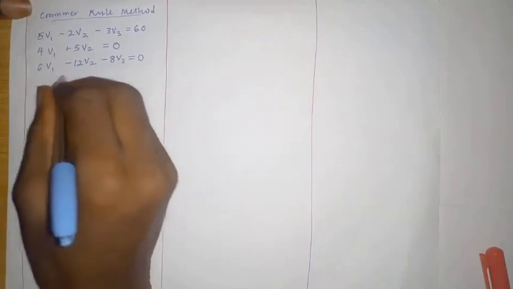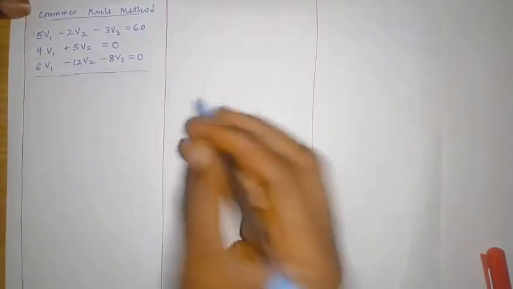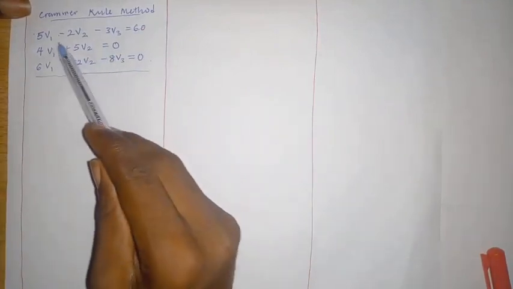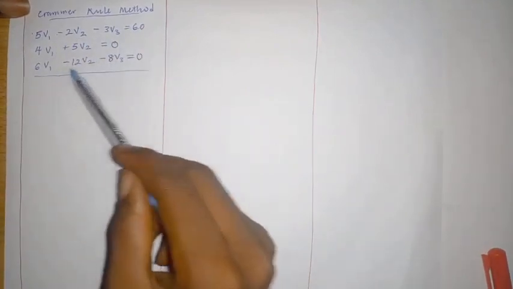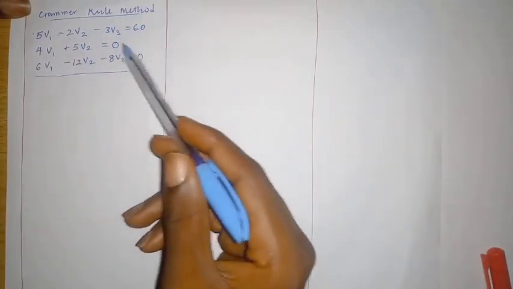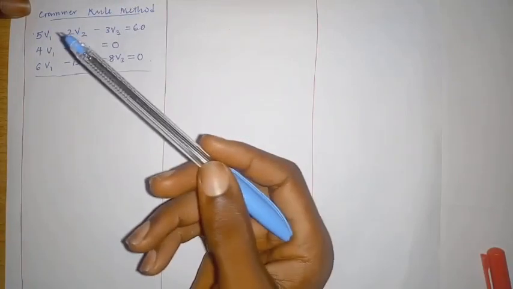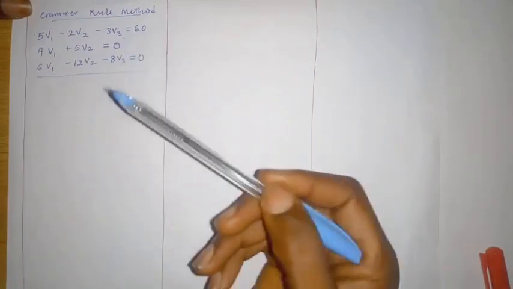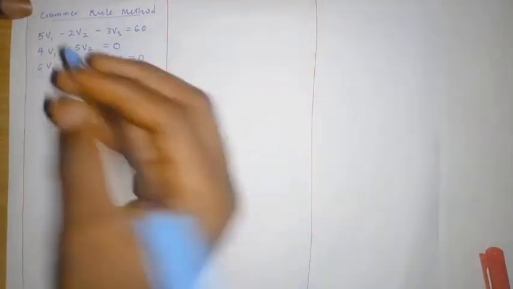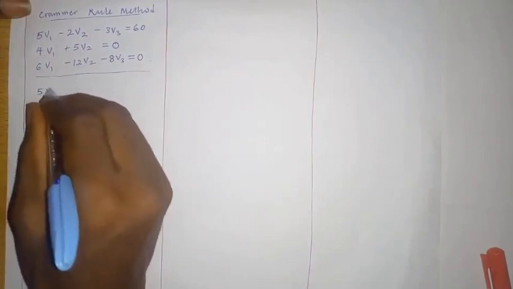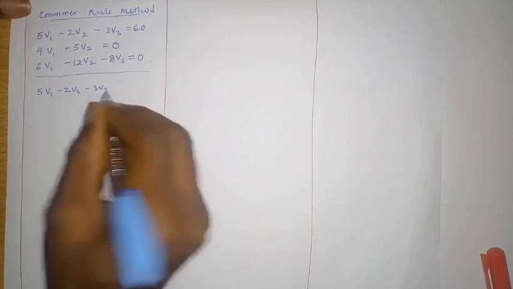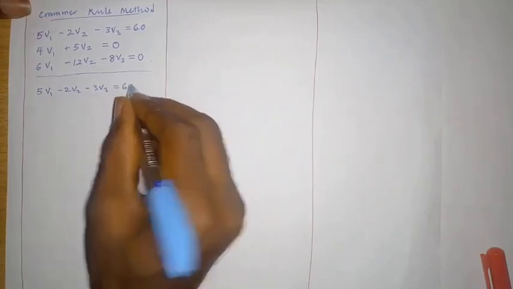Let's rewrite this for better understanding. I've told you that this one, v1, v2, v3, is complete, and this one is complete, but this one is not complete, that is, it's nothing. So we are going to use 0 to replace the v3 just to balance the equation. If you don't put it, it's nothing. But let me put it. So 5v1 minus 2v2 minus 3v3 equal to 60.